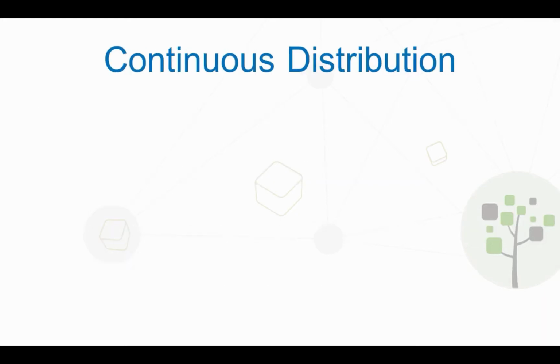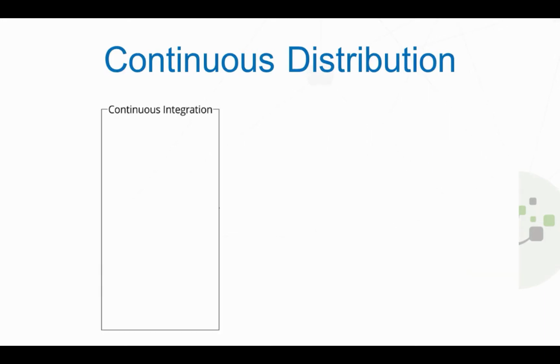So a little bit of a foreword about continuous distribution. We are all familiar with the concept of continuous integration. As JFrog, we are the makers of Artifactory, and Artifactory is a binary repository. So we are very well integrated into the continuous integration space for several years now.